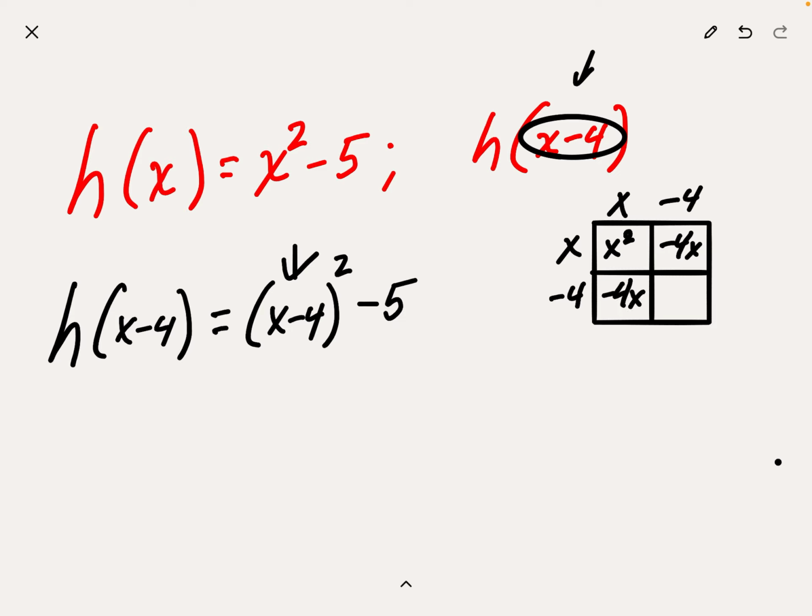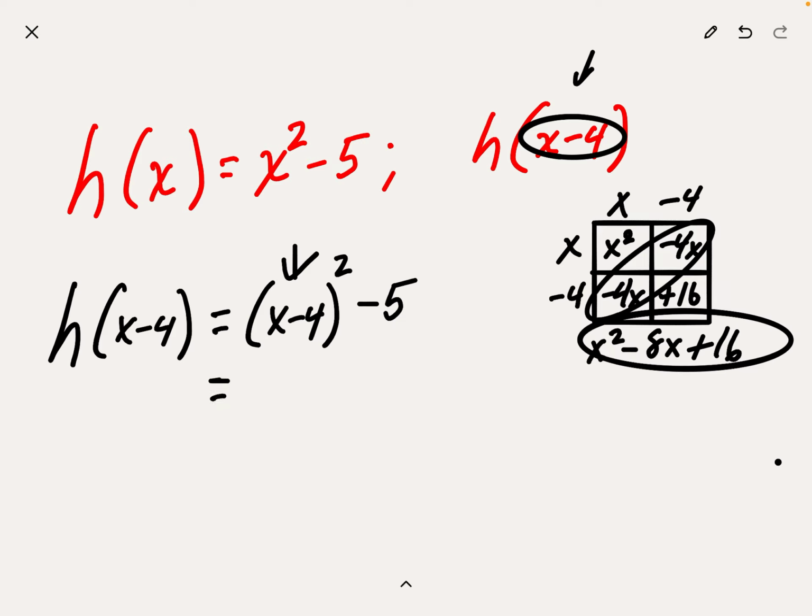And a negative 4 times a negative 4 is a plus 16. We can combine these two like terms, so we have x squared minus 8x plus 16. That's what we put over here to simplify: x squared minus 8x plus 16 minus 5.